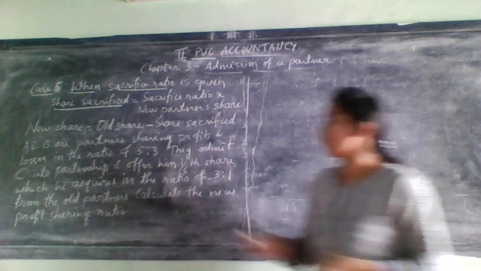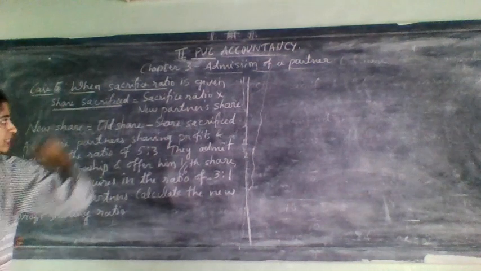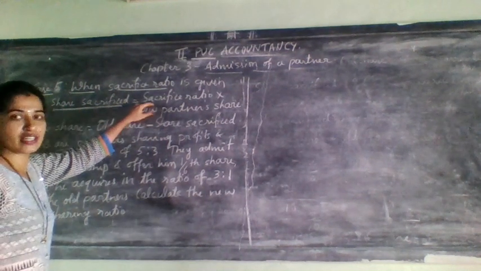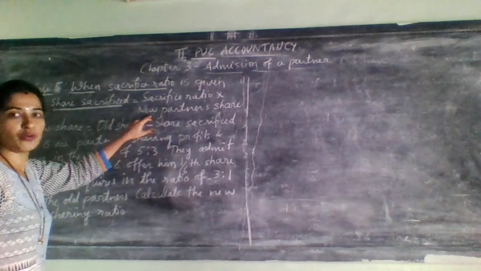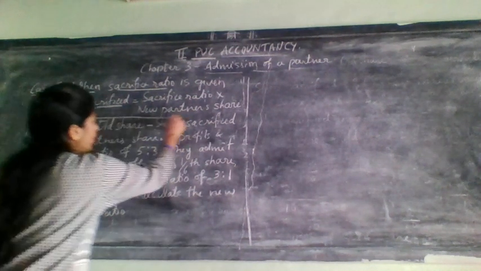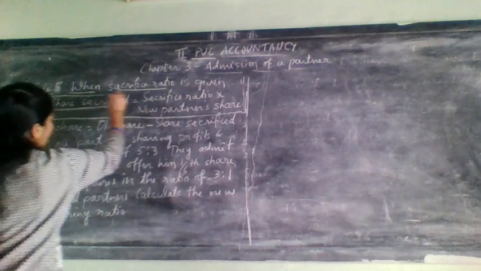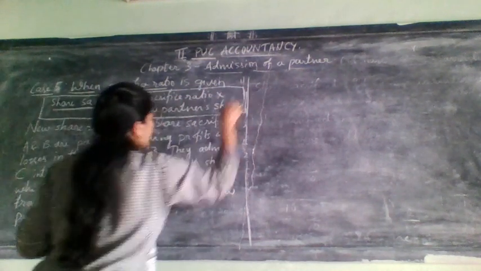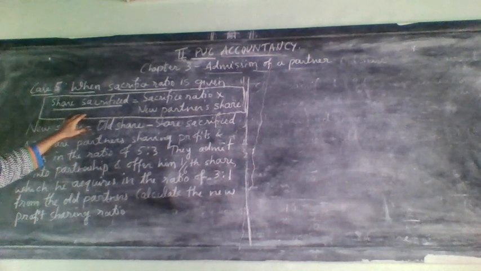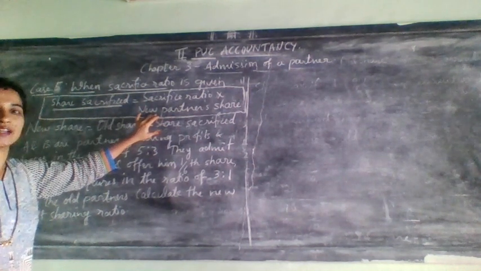For that, the formula is share sacrificed is equal to sacrifice ratio into new partner's share. So here you need to do 2 steps. The first step is the calculation of share sacrificed: share sacrificed is equal to sacrifice ratio into new partner's share.